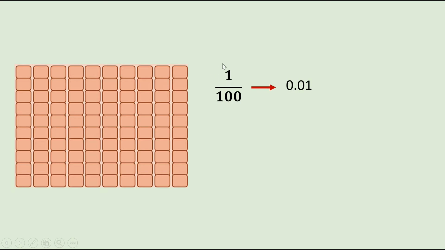So we put the number 1 in the second digit after the decimal point, which is right here. What about if we have 75 out of 100? We will write it like this, because this is the tenths part and this is the hundredths part. 75 over 100.